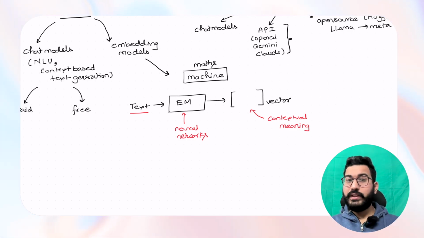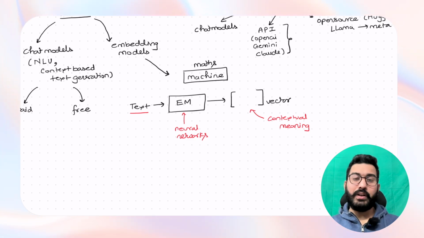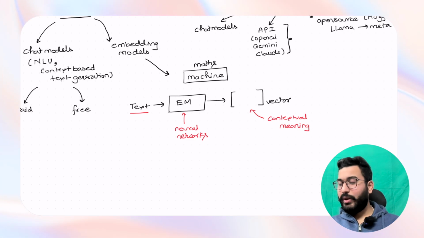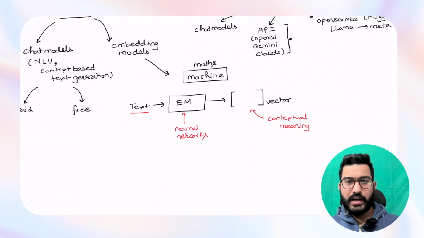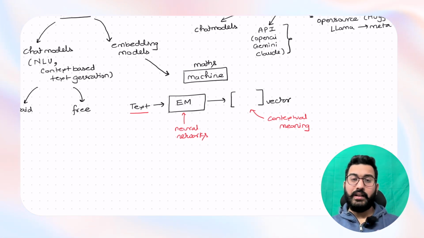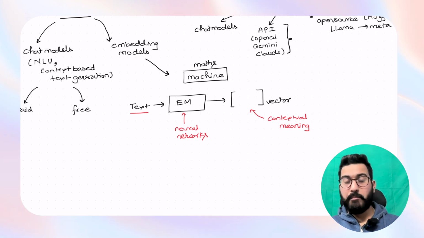We will be using these embedding models when we apply the concept of RAG, when I teach you end-to-end RAG deployment. But as of now, in a nutshell, these embedding models do only one task. They take a text and return a vector, which represents your textual data in the form of numbers. These numbers are capable of capturing the contextual meaning of your text.